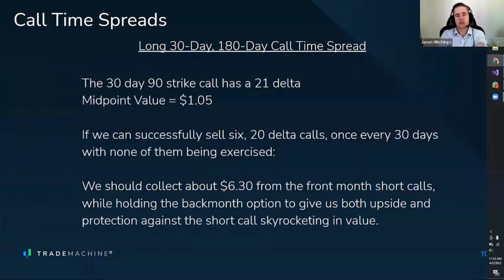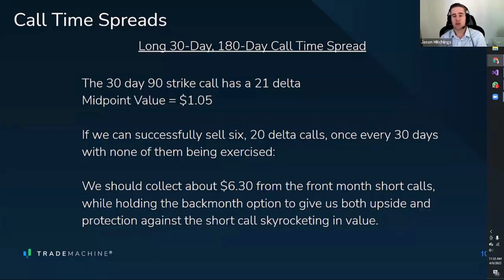Okay, but what happens if you're successful? That front month option, that 90 strike, let's say stock ends up at 84, 86, that's going to expire worthless, but you still own the September 90 call. And what stops you from just doing it again?